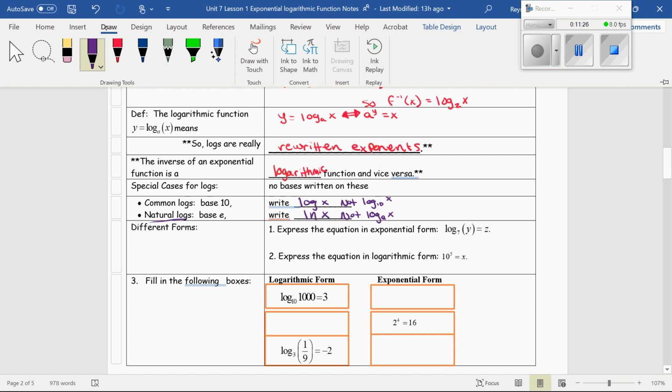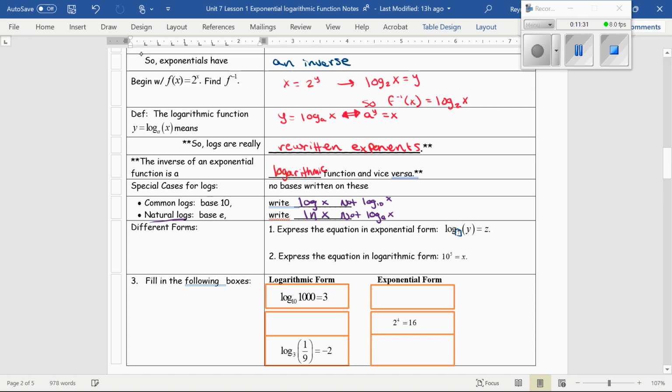If we want to express this equation in exponential form, we're just going to take our base. The base of the log is the base of the exponent. A log is equal to the exponent, so we raise the base to that power, and then it's equal to whatever we were taking the log of. The opposite way works as well.